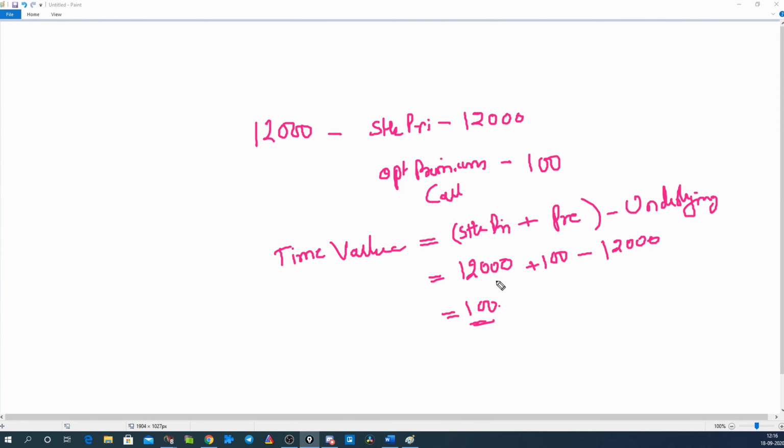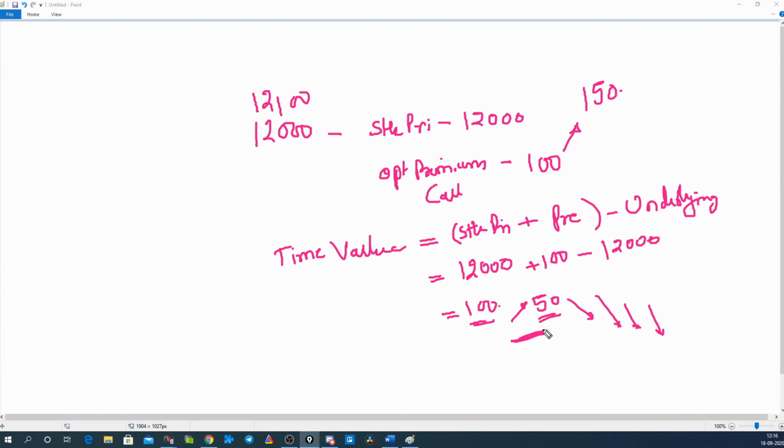Now let's say that if this moves to 12,100, the call option premium goes to 150. In this case, if you apply the same formula, what you will find out is that the time value comes to 50 rupees. As you go deeper and deeper into the money, this time value will go on reducing further.